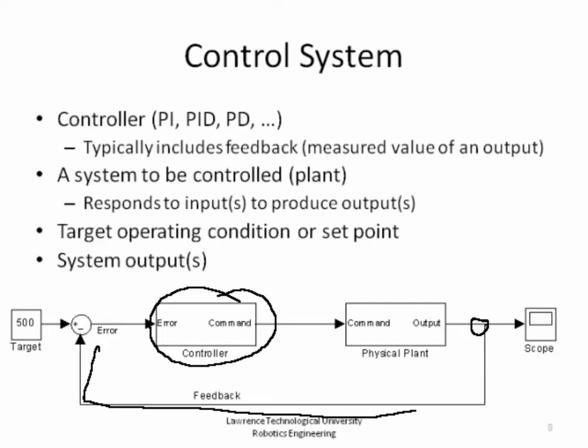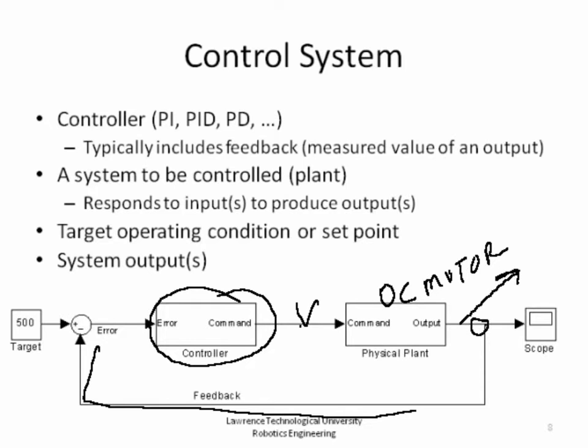In our example, I'll have a model of a DC motor. You give it an input, and our examples will give it a voltage, and it gives you an output.